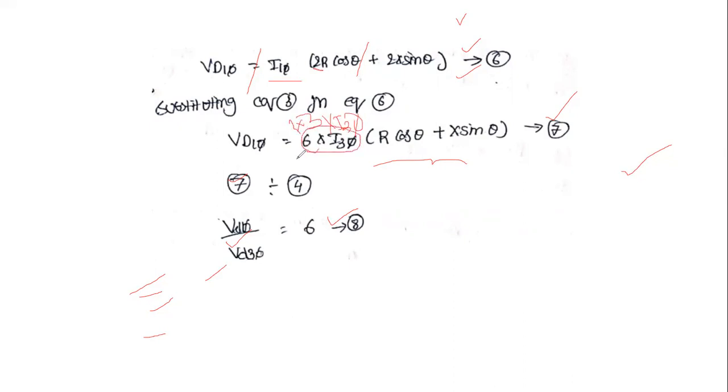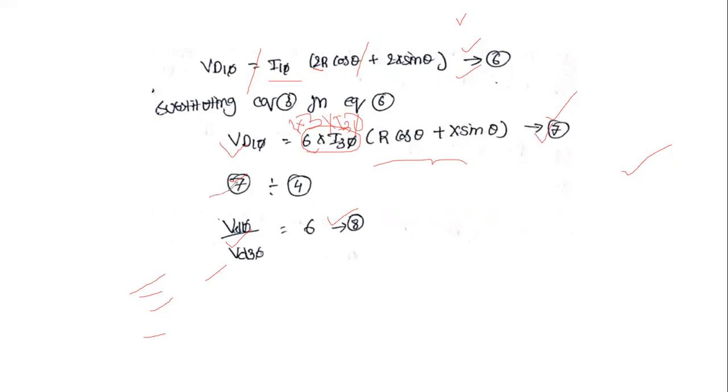Therefore, Vd single phase is equal to 6 into I three phase into (R cos theta plus X sin theta). This is equation number 7.